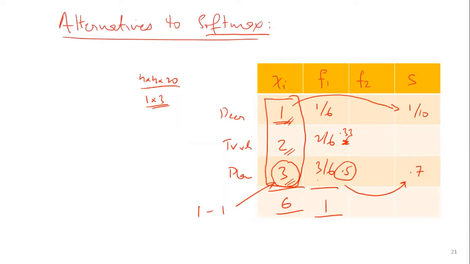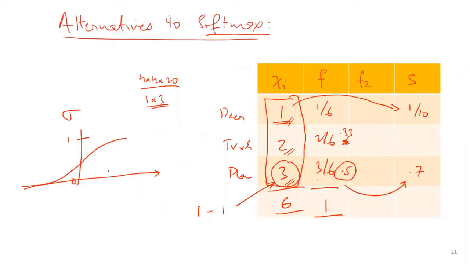Now, another technique that could have been used as an alternative to Softmax, I haven't told you what Softmax is, but there's something called the sigmoid function, right? Remember what the sigmoid function looks like? It looks something like this. It goes between 0 to 1, okay?